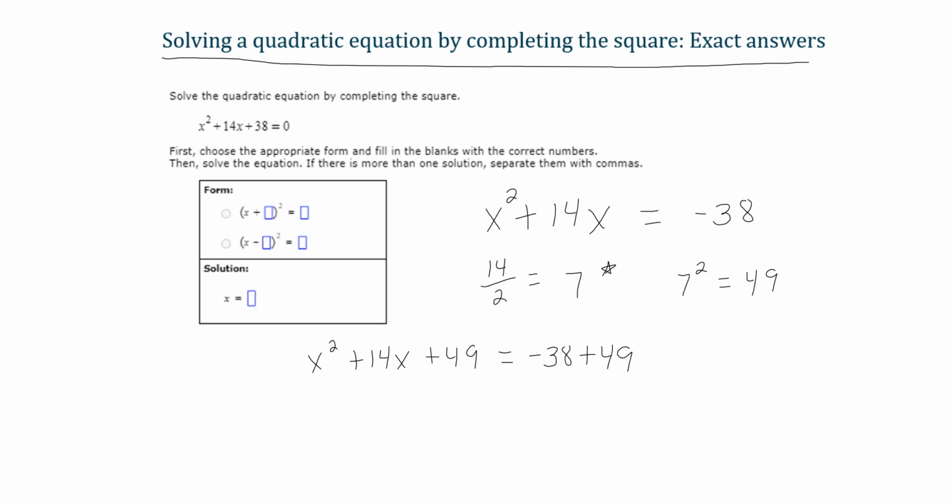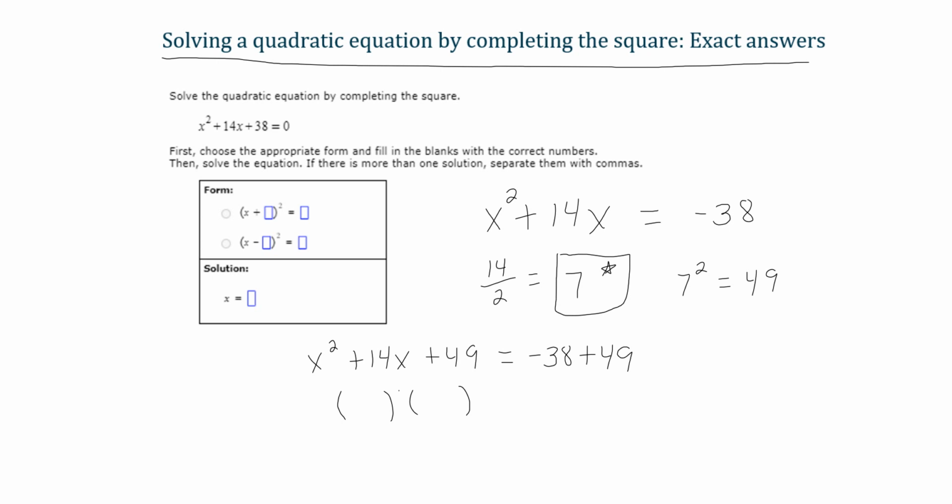And the reason for doing this is it becomes a perfect square. So this is a factorable trinomial. What multiplies out to 49 that adds up to 14? It has to be the same number. Well, here it is right here. That's the key. That's what goes over here.